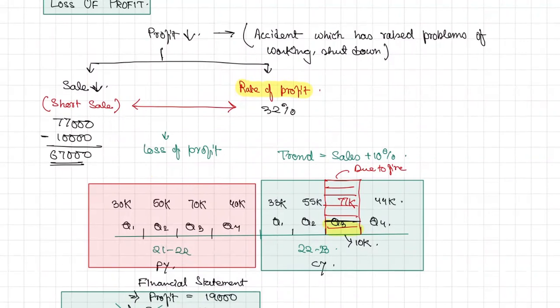Okay, so what profit we have lost: 32% of 67,000, which is 21,440. This is my actual loss of profit.